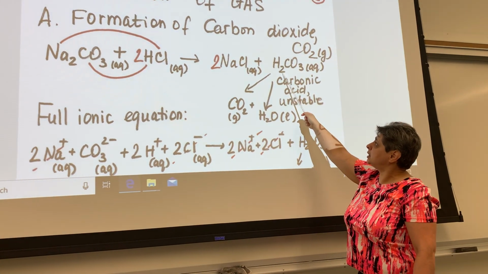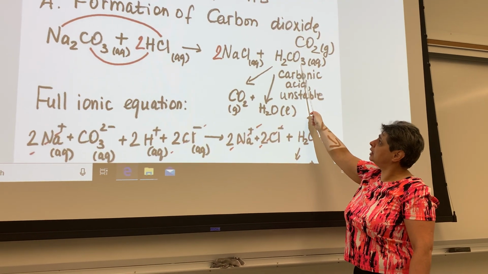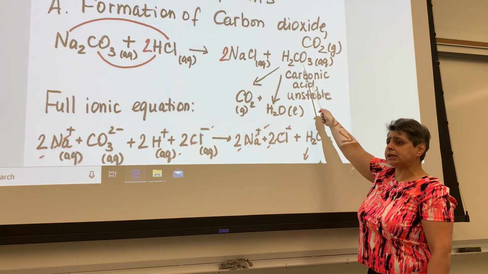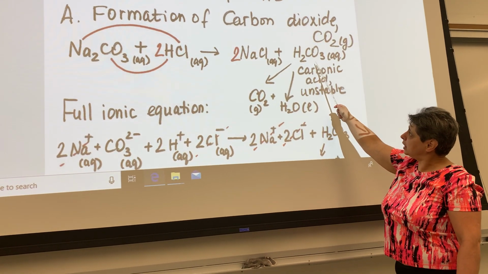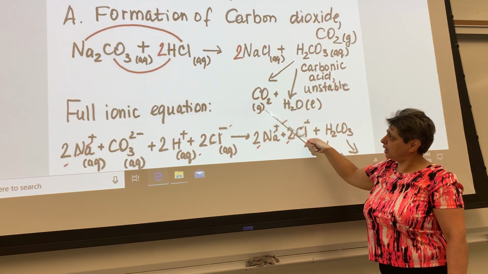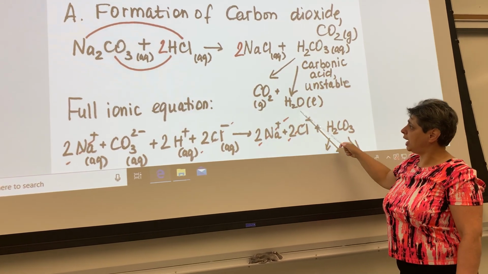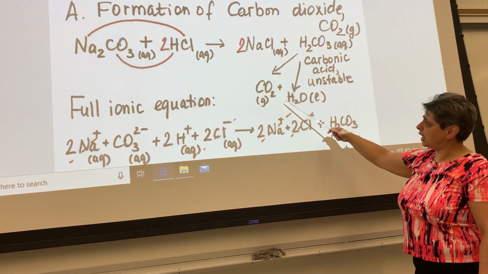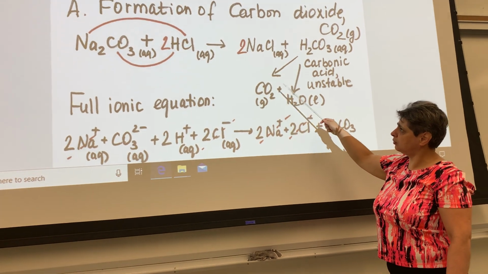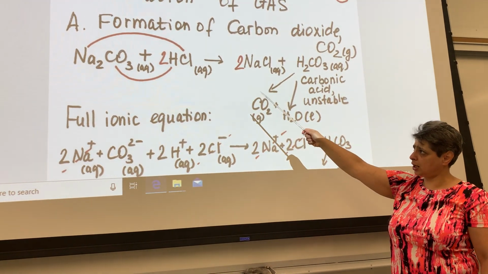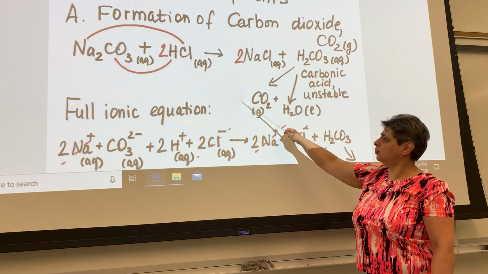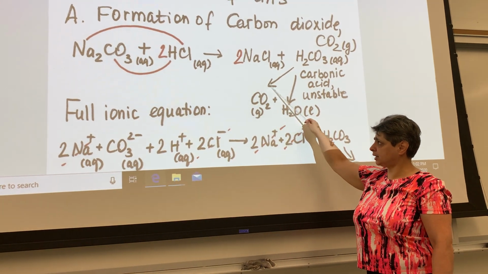And carbonic acid, being a very weak acid, quickly breaks down. It's unstable, and so it quickly breaks down into carbon dioxide gas and water. So the gas that you're detecting here when combining sodium carbonate and HCl would be carbon dioxide gas.